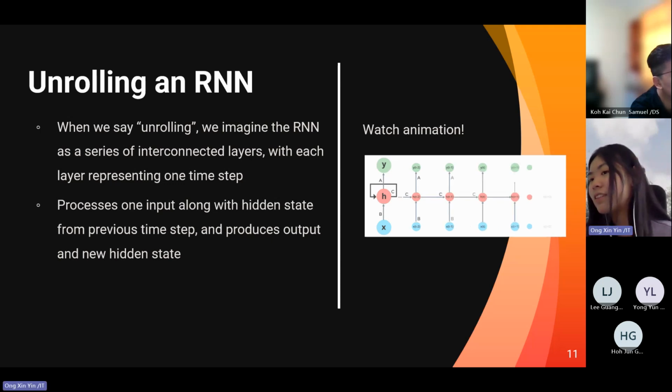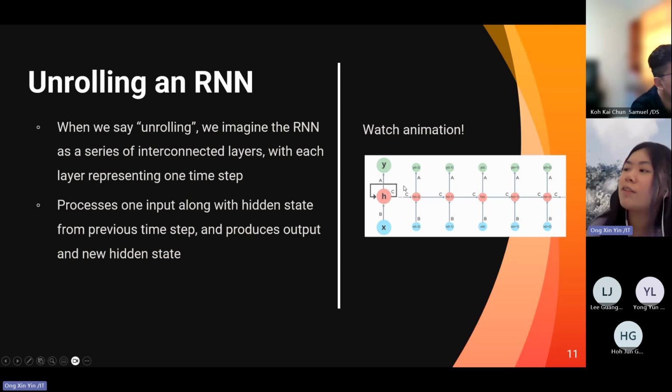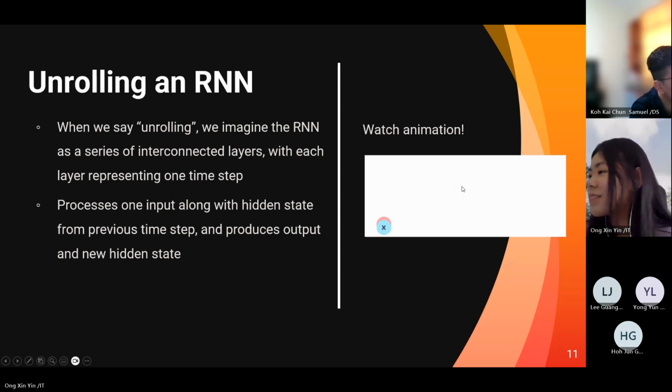Here we can see, if you look at one of the time steps, wait for the animation.